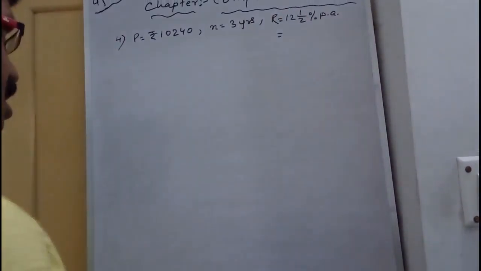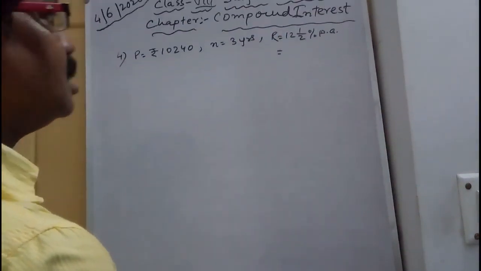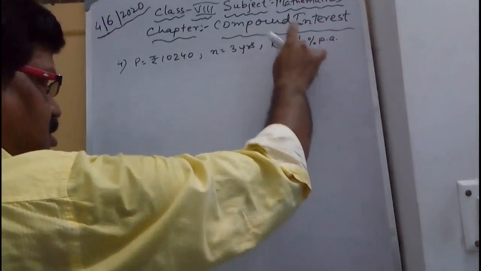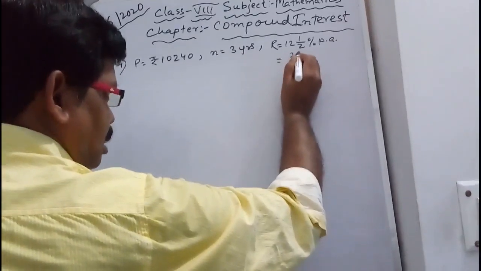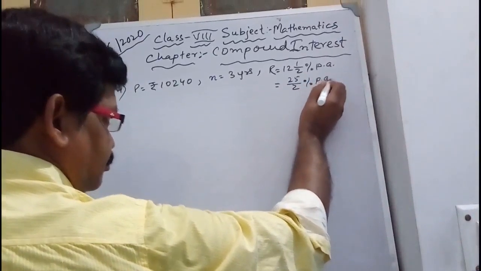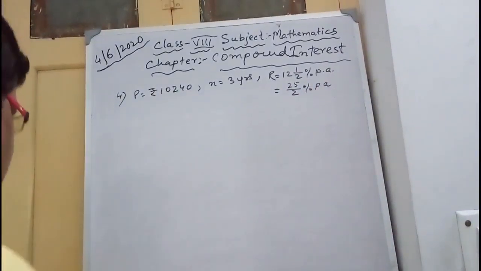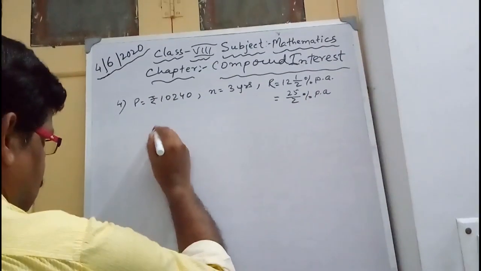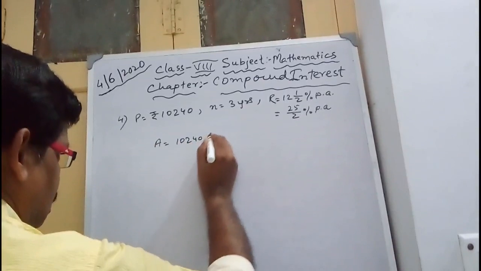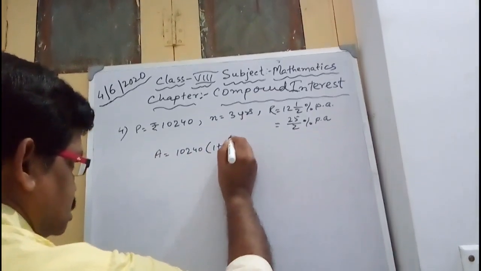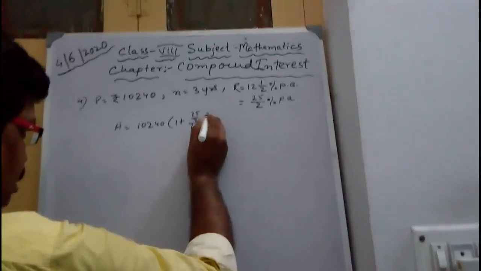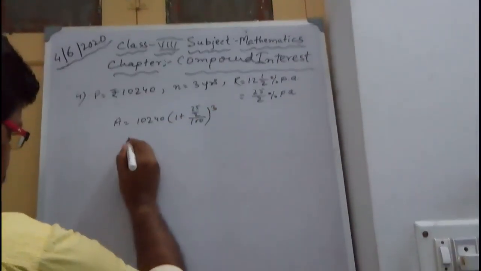So this one is given as a mixed fraction, so change into an improper fraction. 12 into 2 is 24 plus 1, 25, so 25 by 2%. Now first to find amount, so amount equal to P(1 plus R by 100) power 3.